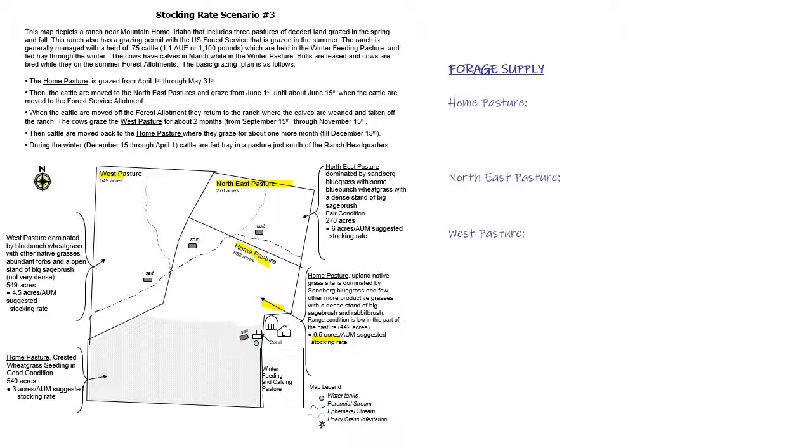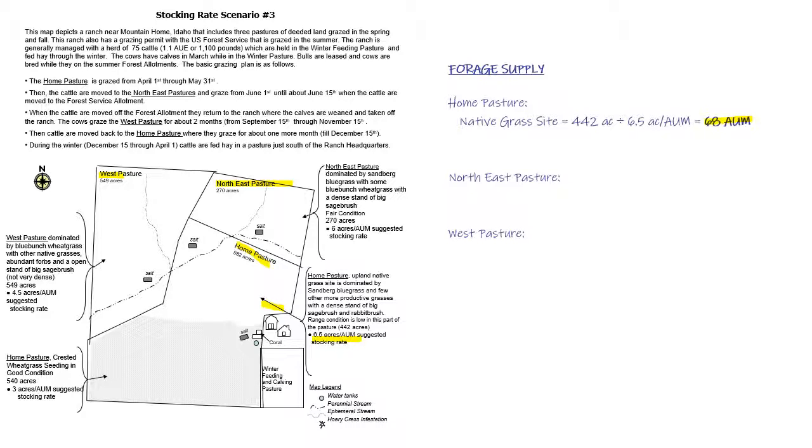And it takes 6.5 acres to create an AUM of forage. So in that pasture, there are 442 acres of land that is that native pasture. It takes 6.5 acres per AUM. So if you take 442 divided by 6.5, that means that pasture would provide 68 AUMs of forage.